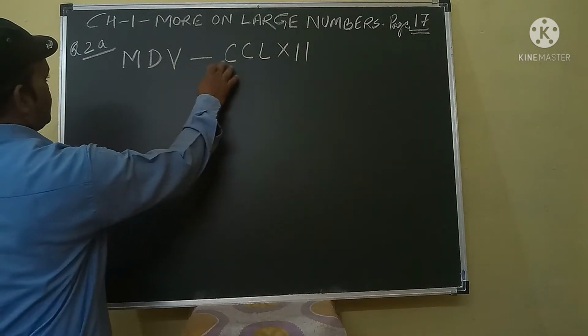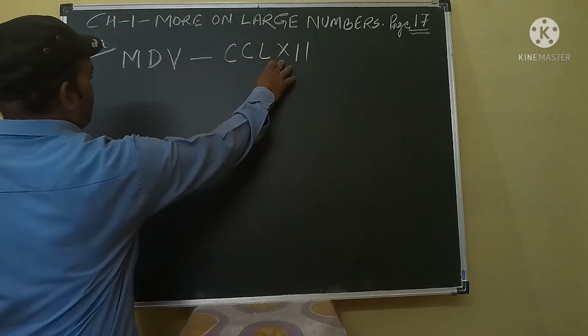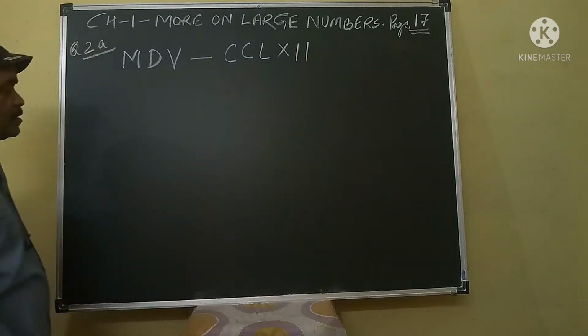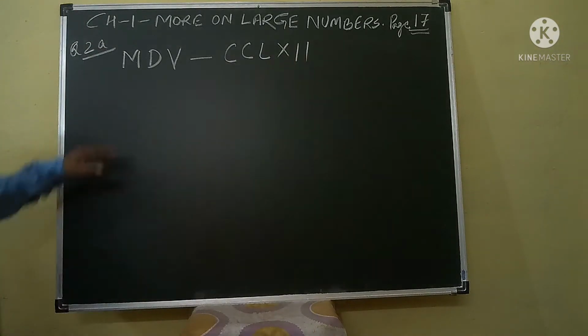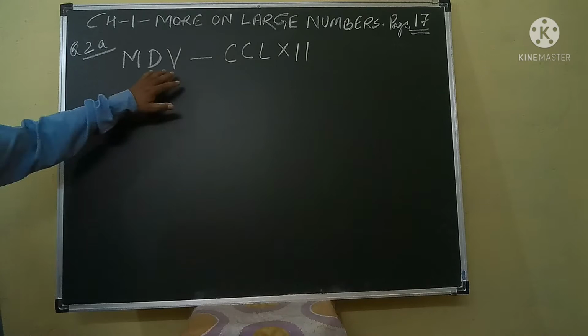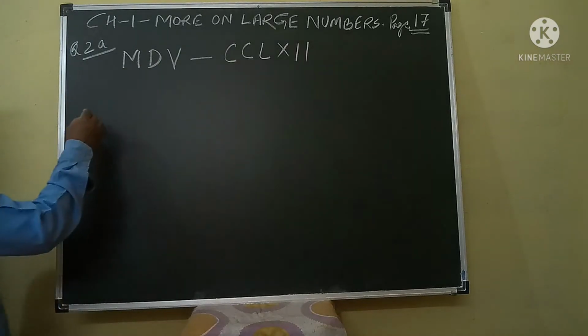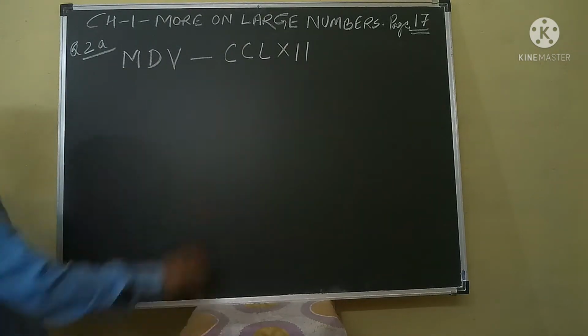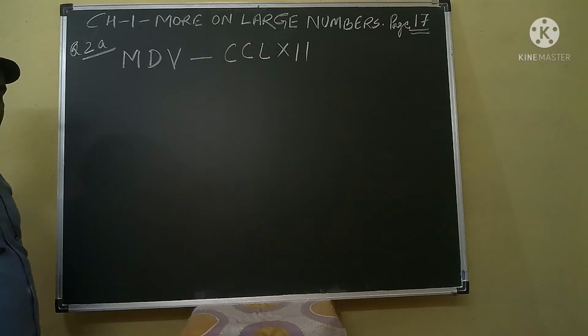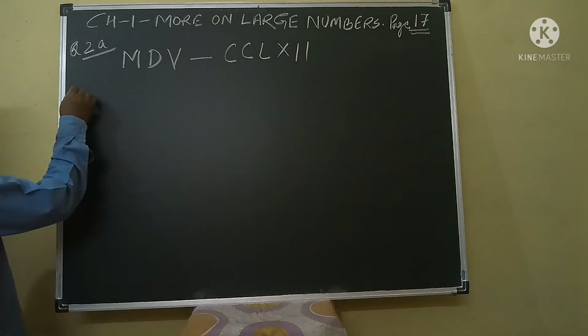MDV minus CCLXII. First we will discuss which natural number each is the symbol of. Look here.